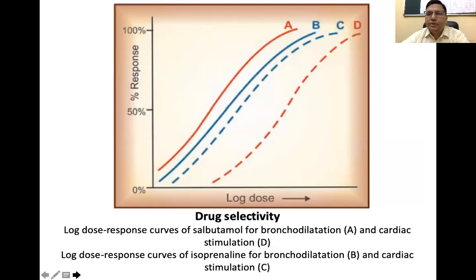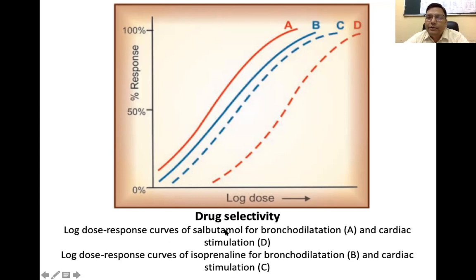From the log dose response curve, we can also learn about drug selectivity. A and D are the effect of salbutamol on bronchodilation and cardiac stimulation. We see that there is a large gap between A and D. That means a lesser dose of the drug is required for bronchodilation, while more drug will be required to produce cardiac stimulation.